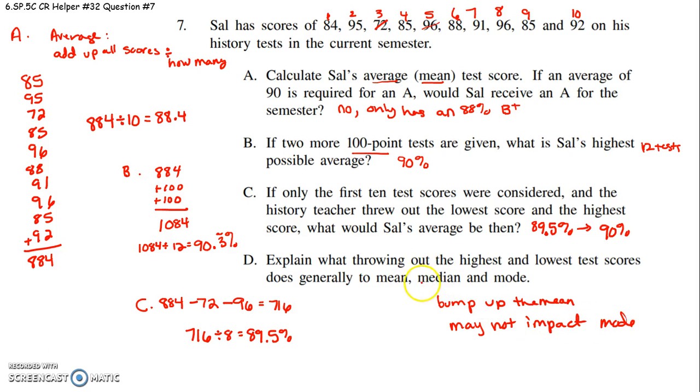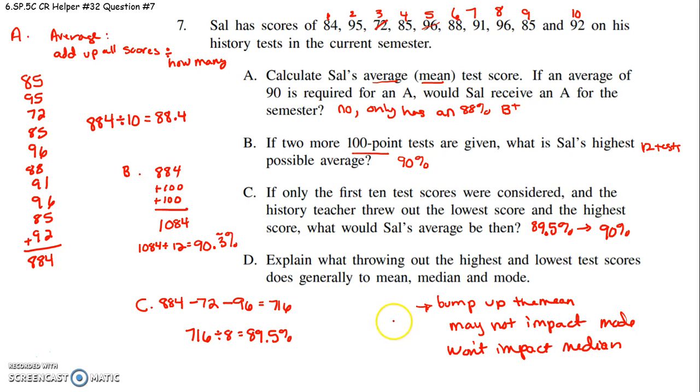And the median. The median tells you like half of the tests are above, half of the tests are below. So I don't think it'll have an impact on the median. Won't impact the median. So it looks like the only thing that it would impact would be the mean.